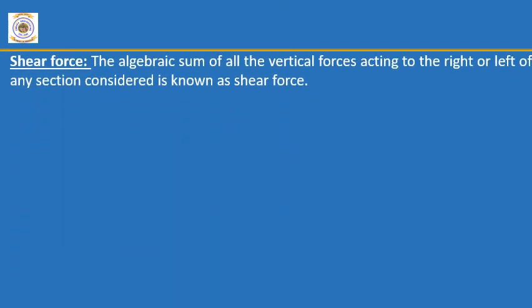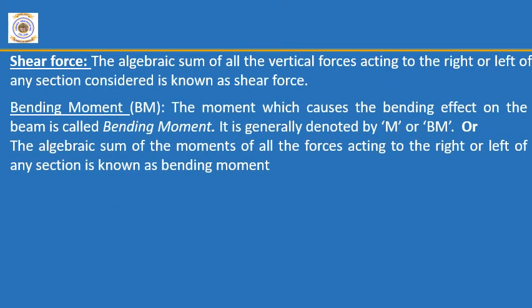Next, let us see what are shear force and bending moment. Shear force is the algebraic sum of the vertical forces acting to the right or left of any section considered. Next one, bending moment. Bending moment is the algebraic sum of the moments of all the forces acting to the right or left of any section.